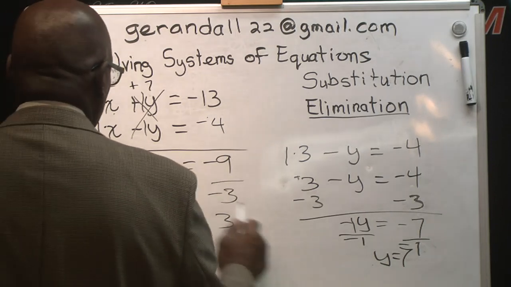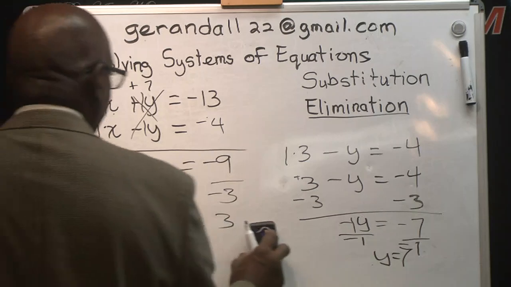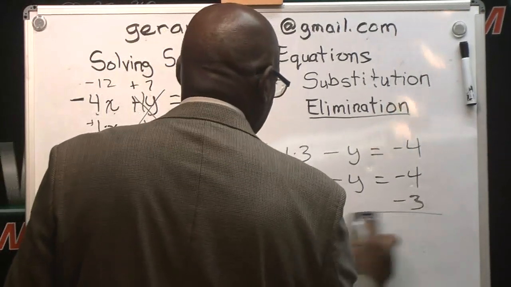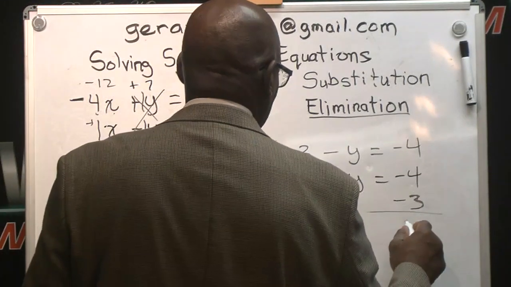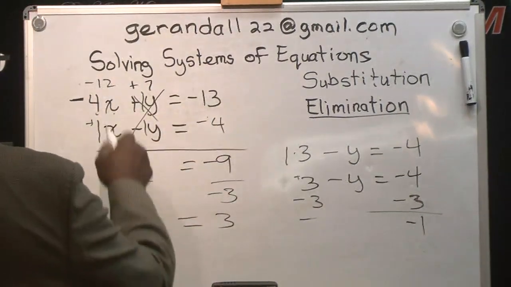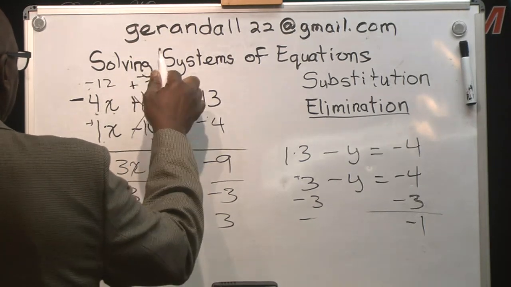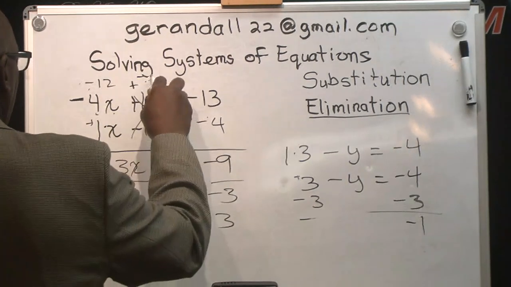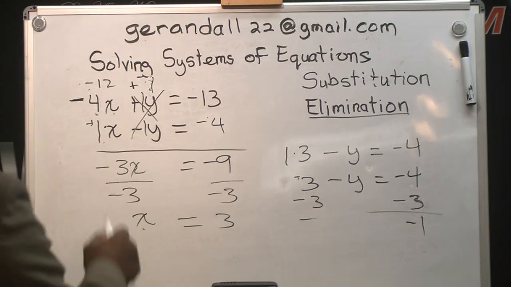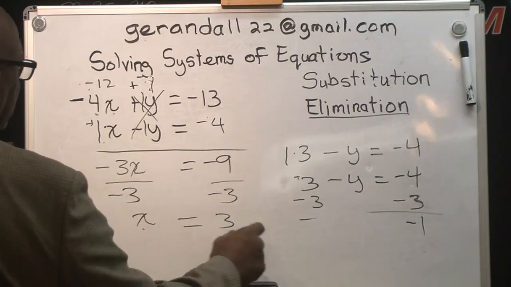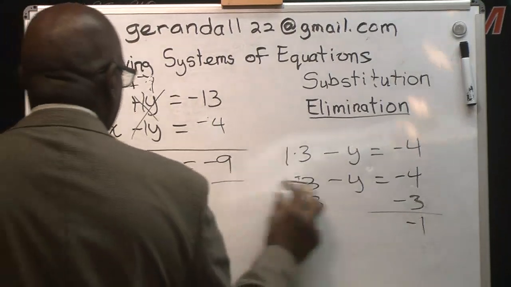So this is not true. We made an error. So we have to go back through and look at our calculations. I'm sorry, this is minus 1. So again, minus 12 plus minus 1, and we get a negative 13. And the other one, 3 minus minus 1, and we get 4. Okay, that's elimination.